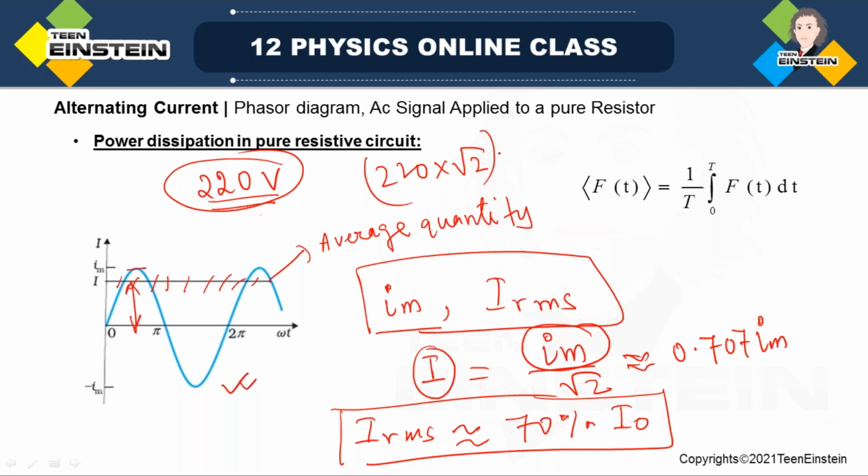If you want to get the amplitude, you have to multiply by root 2, so you will get almost 311 volt. 220 volt means 311 volt is the maximum value of this particular voltage. It can vary within plus or minus 311 volt.